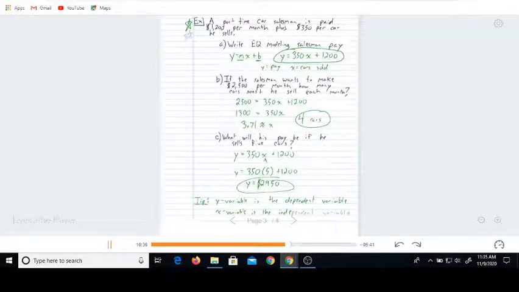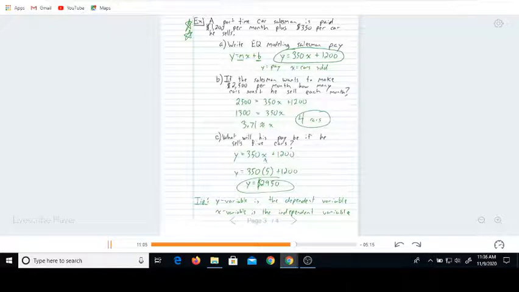If you've ever written a lab report, you're familiar with this when making charts and graphs and such. So if we look at the previous example, going back up here, we can see that y was the dependent variable, which was the salesman's paycheck, because that is dependent upon the x variable, which is the number of cars he sells.